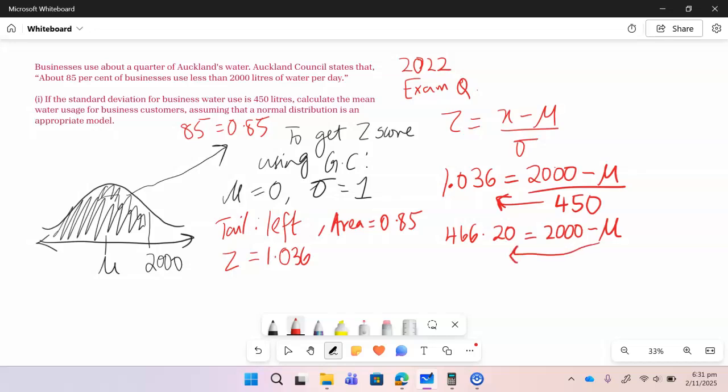Mean comes to the other side, becomes positive. 2000 stays the same, and then 466.20 goes to the other side, and it becomes negative. I feel like I need to find a question where we will have a negative z-score, just in case. But we'll see. 1533.8.